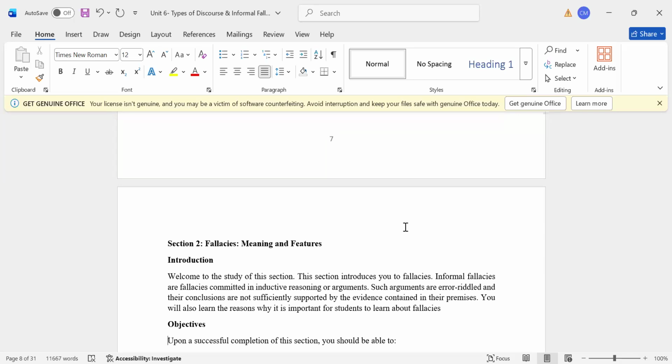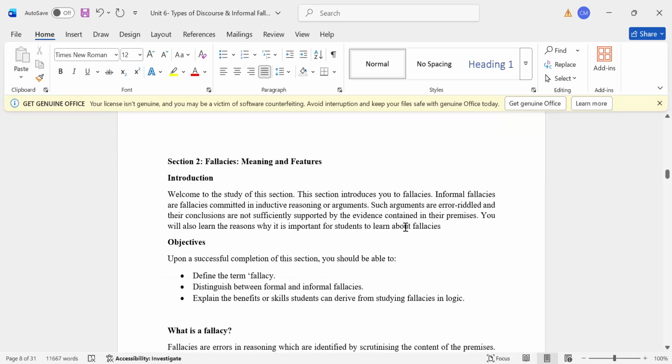All right, we can continue to debate it. Fallacies. When we make arguments, there are sometimes mistakes in the argument, errors in the argument. Any argument that has an error or errors means it has a fallacy or fallacies. Now, we are going to look at informal fallacies.